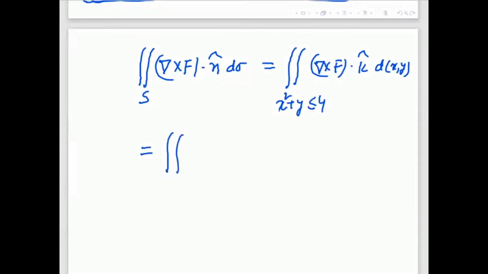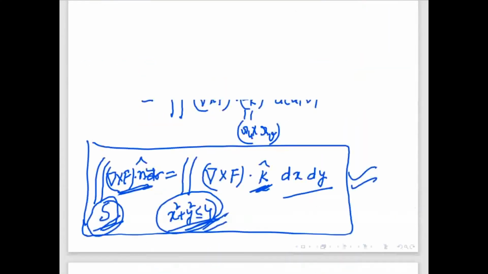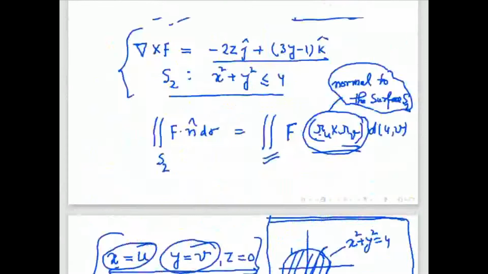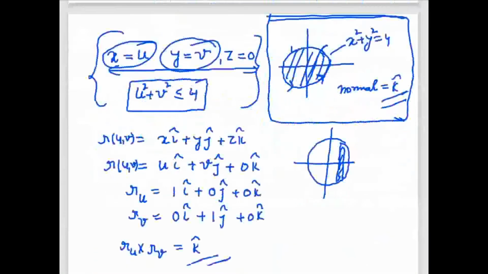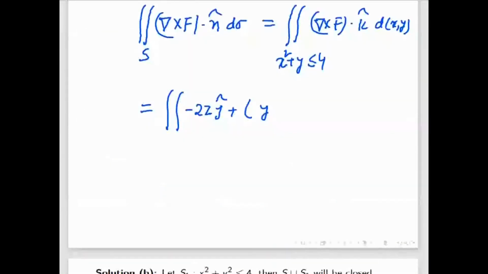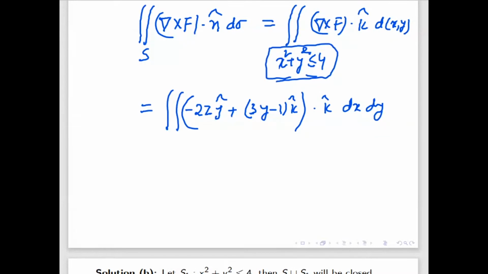Del cross f is minus 2z j cap plus 3y minus 1 k cap. This whole thing, dot product with this k, and dx dy, and then we will apply the limit of x and y. So what is the limit of x and y over this circle or this domain? x square plus y square is less than 4.